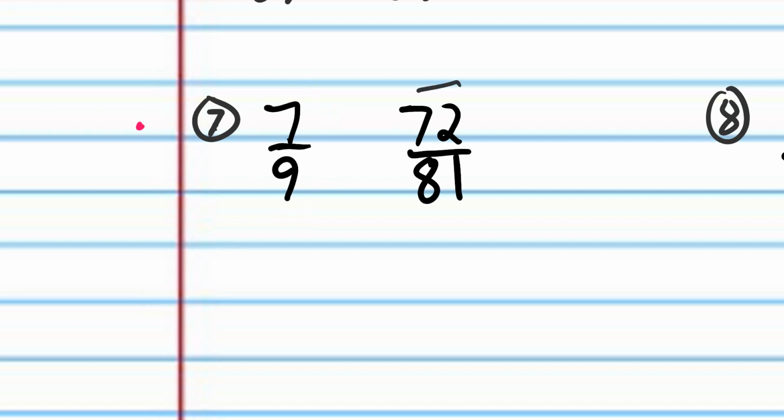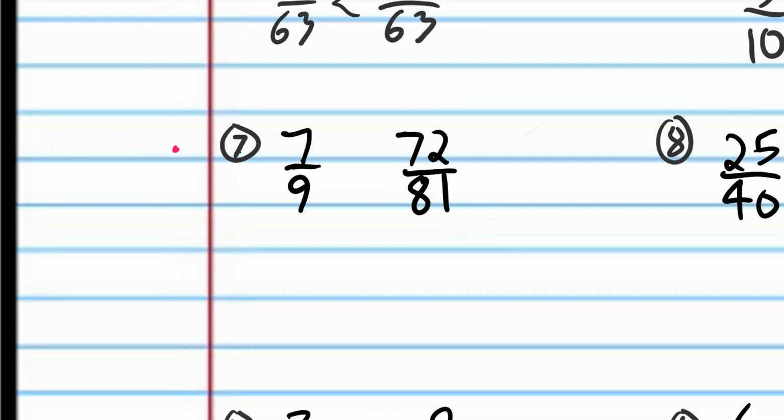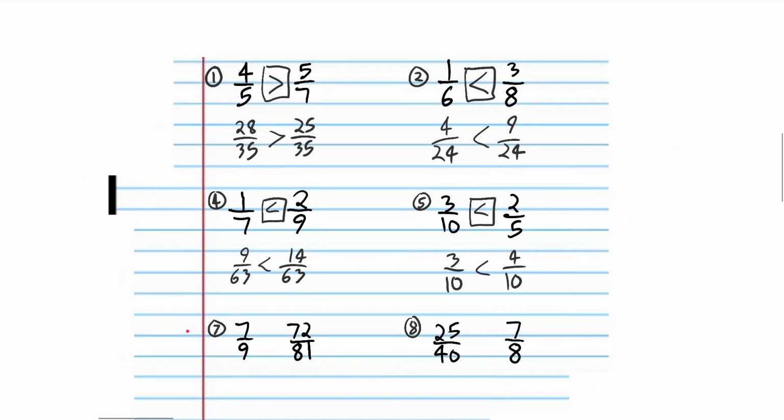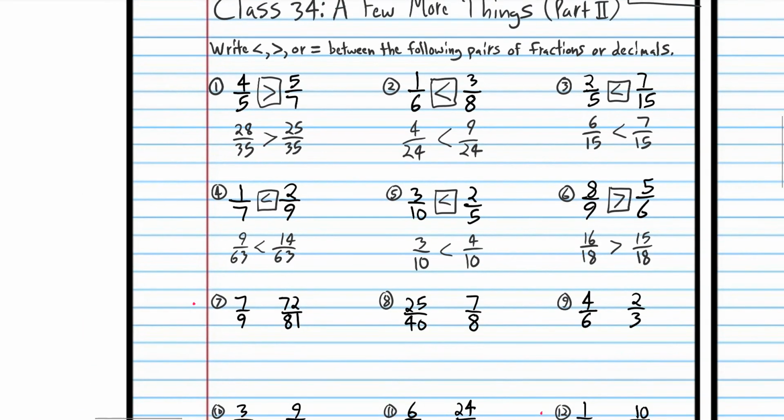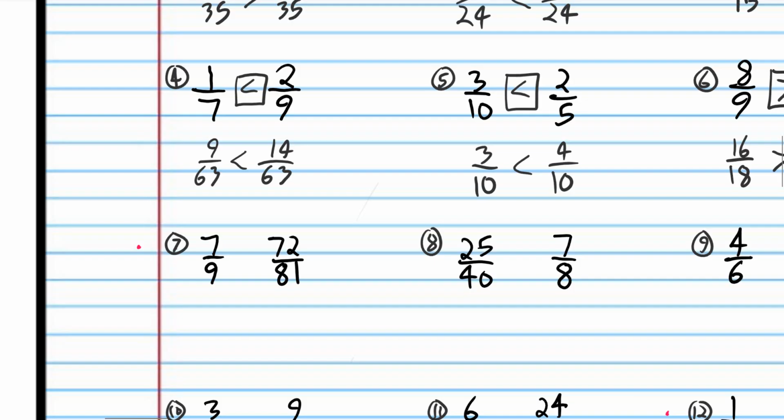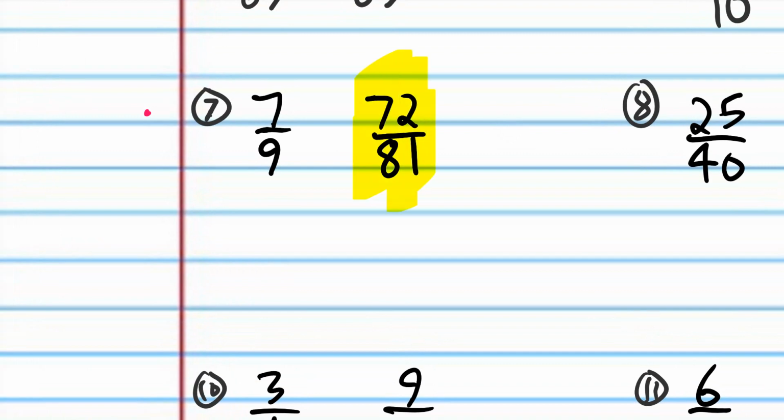But we can also take this fraction and we can make it smaller. See, the difference between the previous problems is that in all the previous problems, the fractions were already reduced. But in this problem, we have a fraction that's not reduced. So we can try going backwards and reducing this fraction and making the numbers smaller.